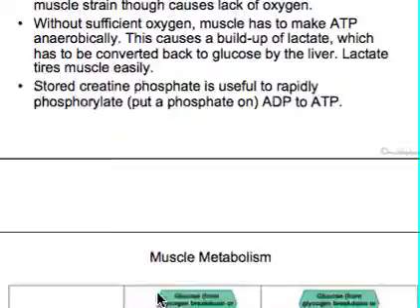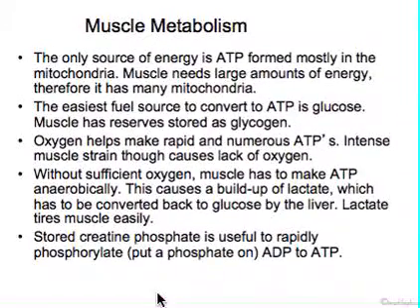Yeah, we're almost there. So muscle metabolism is also important, because we need energy. That's ATP. And energy is mostly formed in the mitochondria. So muscle needs a large amount of this energy and therefore needs many, many mitochondria.